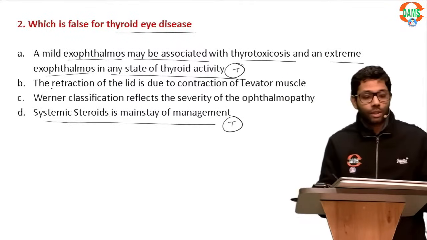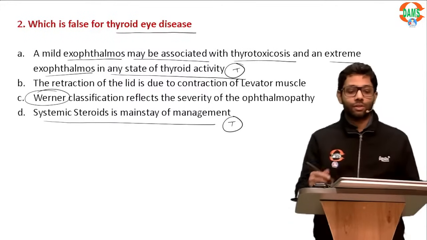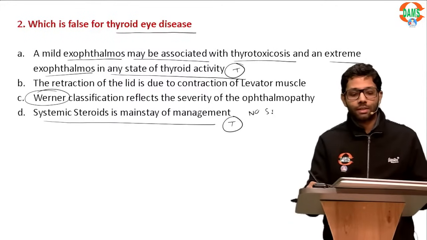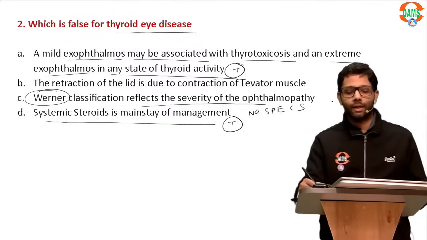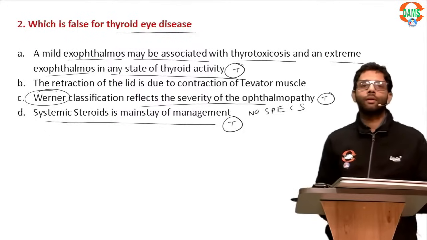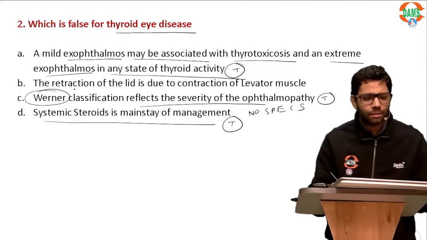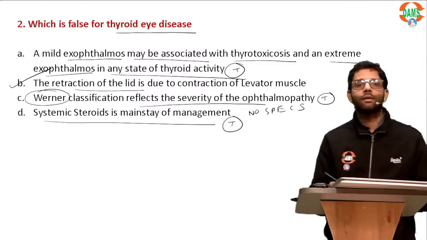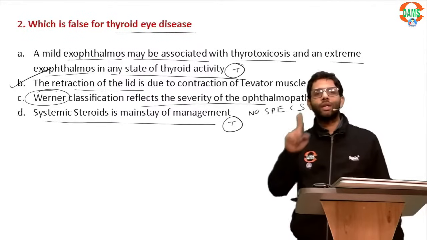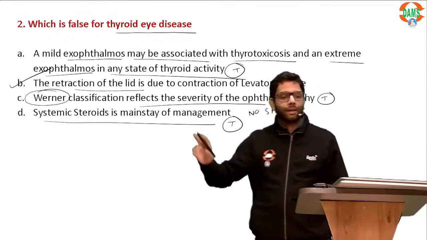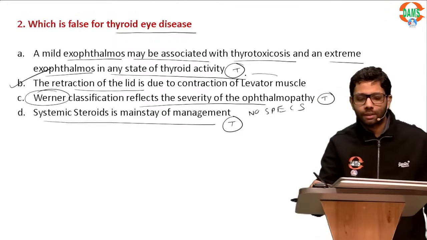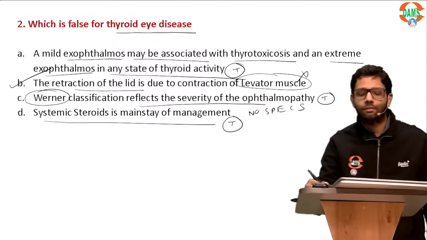Now, last time the Werner classification, no specs, was given, and that is nothing but the Werner classification. It reflects the severity of thyroid eye disease. That is true. Sir, why is B wrong then? B is the answer. One word, only one word. There is retraction of the eyelid, that is Dalrymple sign. But it is not due to the levator muscle. Levator muscle is supplied by the third nerve.